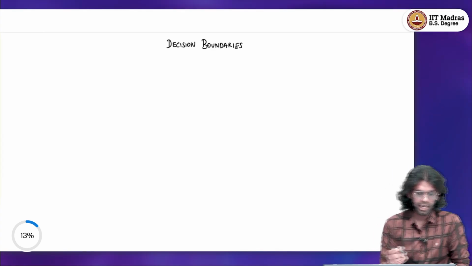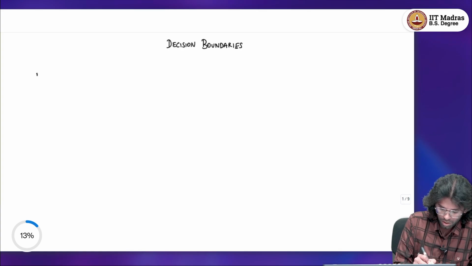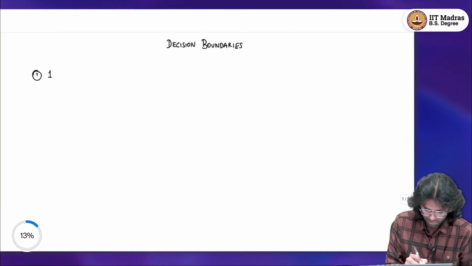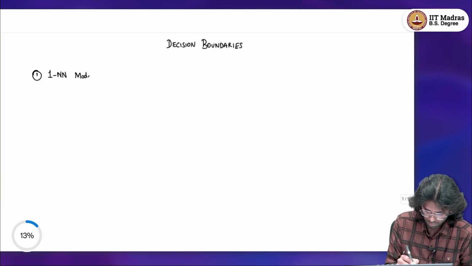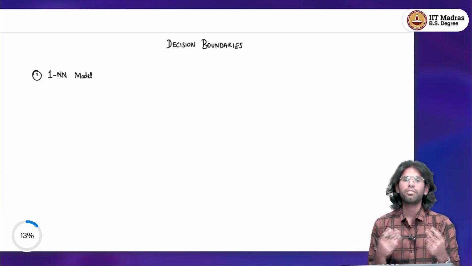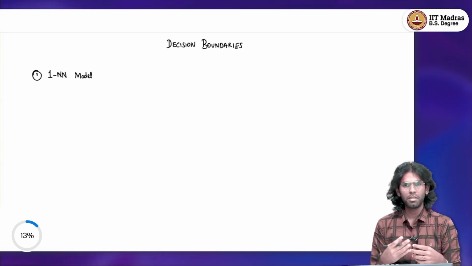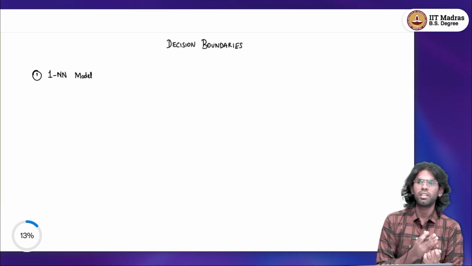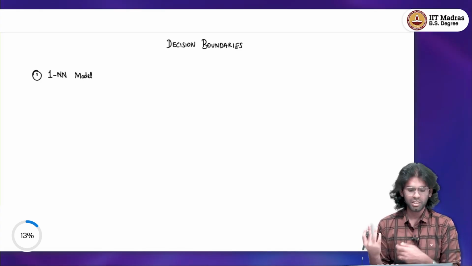Firstly we'll start off with KNN. More specifically we will discuss the 1NN model. KNN meant taking opinions from the k nearest neighbors in your data set. The distance could be Euclidean distance, or as we covered in the live session, the cosine distance and so on.